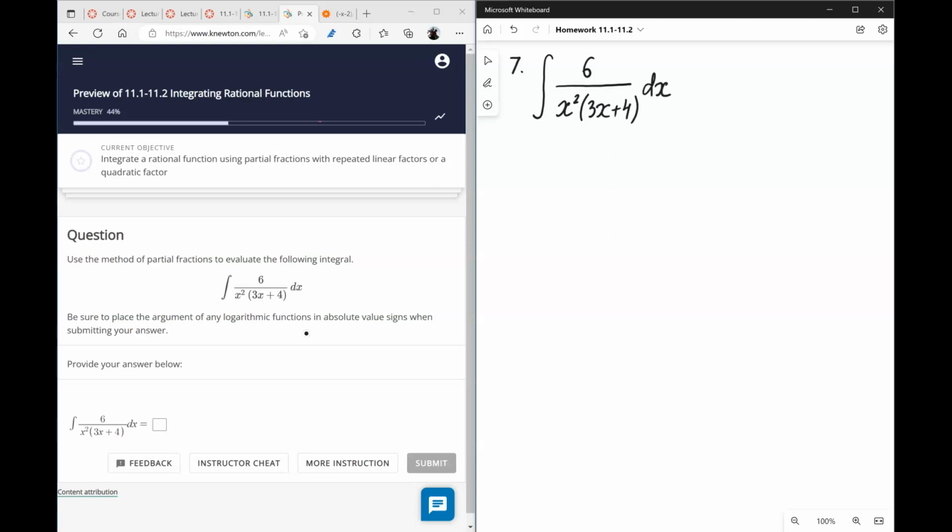So the denominator is factored out. The rational function is in proper form, so we have to use the partial fraction decomposition theorem, according to which this will be equal to some fraction with the denominator x, another fraction with denominator x squared, and then another fraction with denominator 3x plus 4.